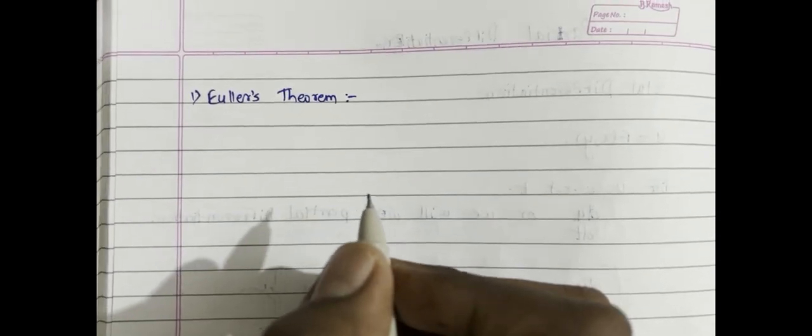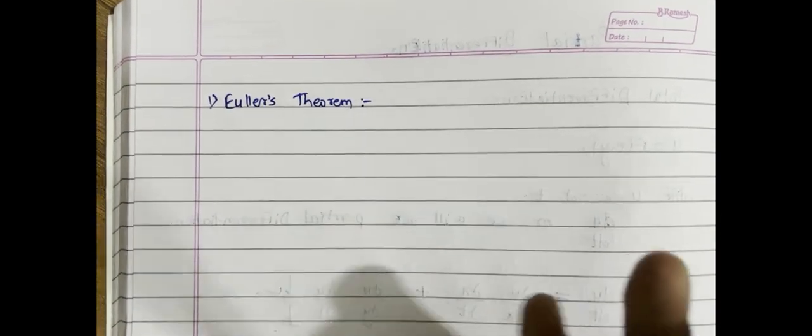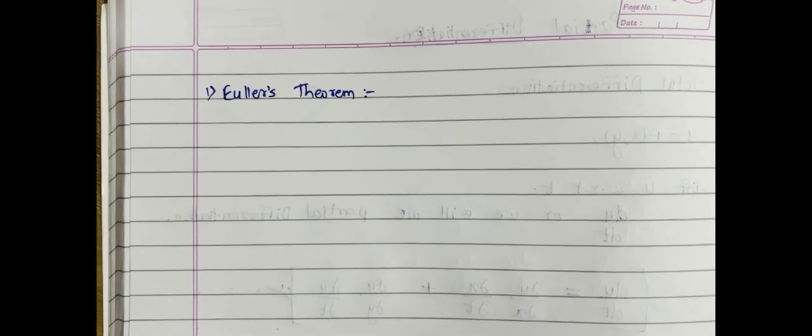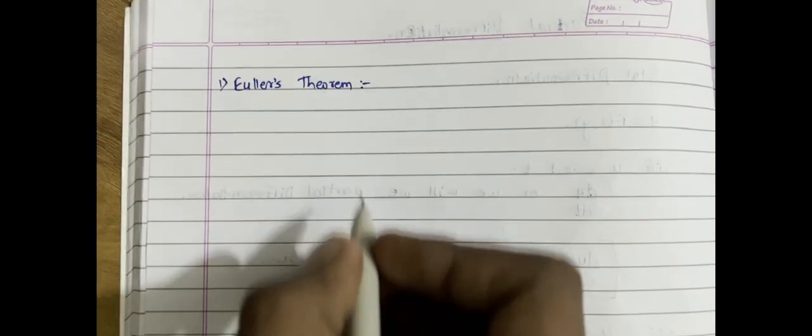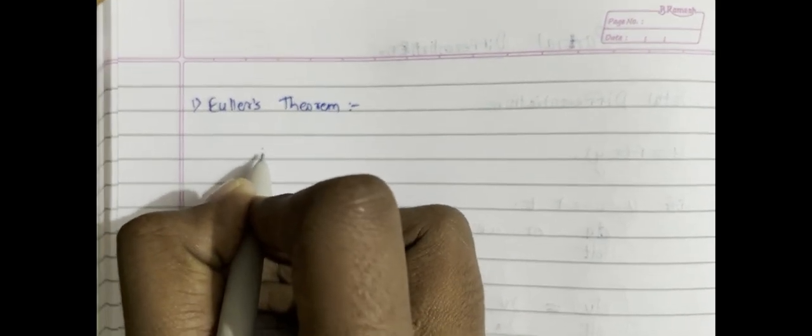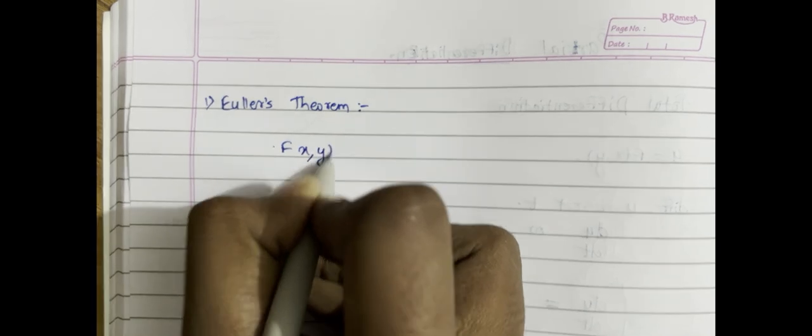Euler's theorem is basically applied only for homogeneous equations. Homogeneous equations are equations where we have an equation f of x comma y.